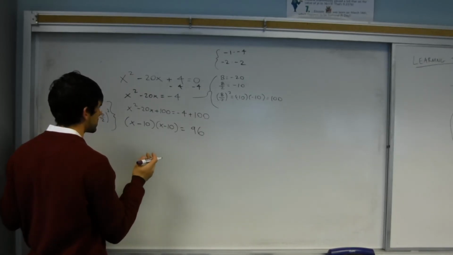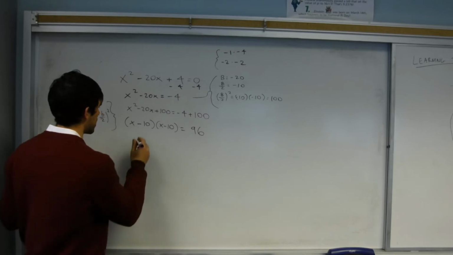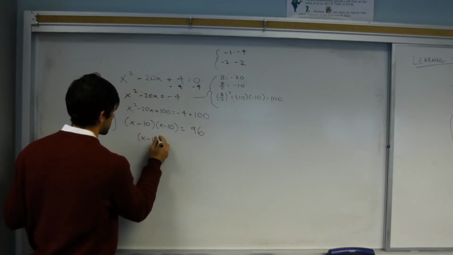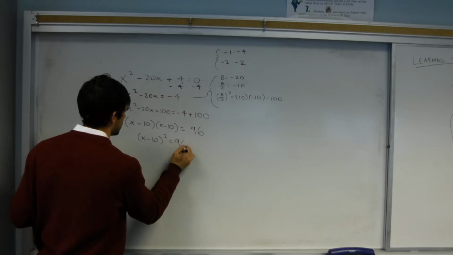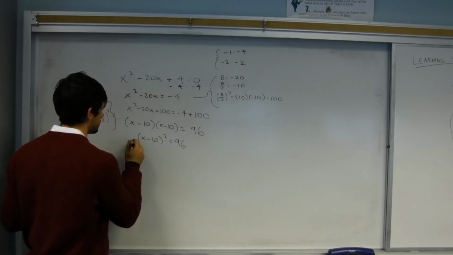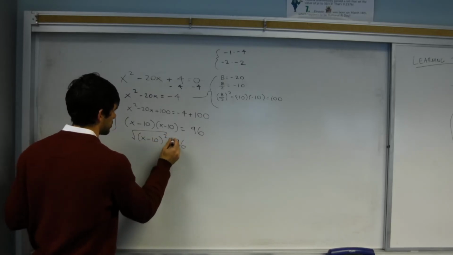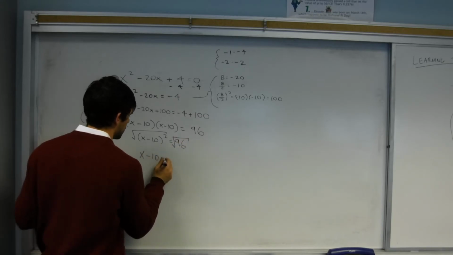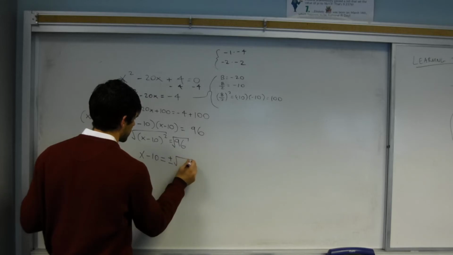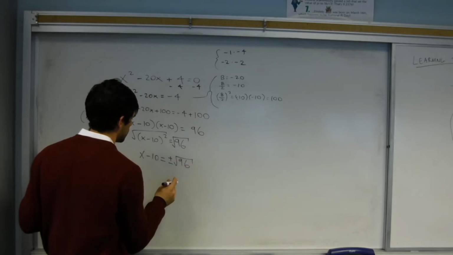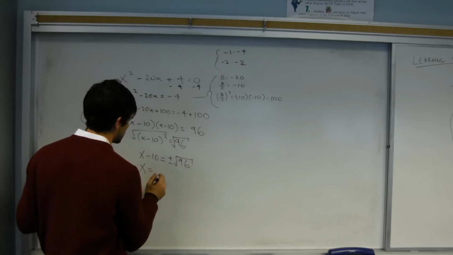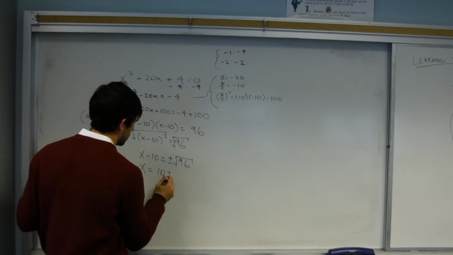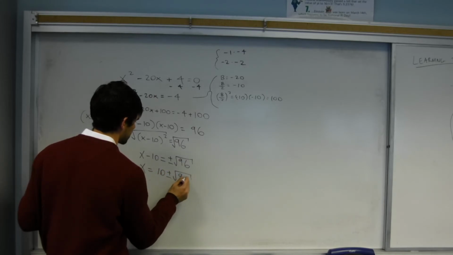Now our next step is we want to take the square root of each side. So we get x minus 10 squared is equal to 96. Square root of each side. So we get x minus 10 is equal to plus or minus the square root of 96. And then if we add 10 to each side, we get 10 plus or minus the square root of 96.